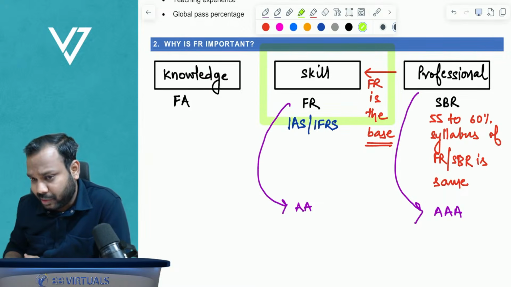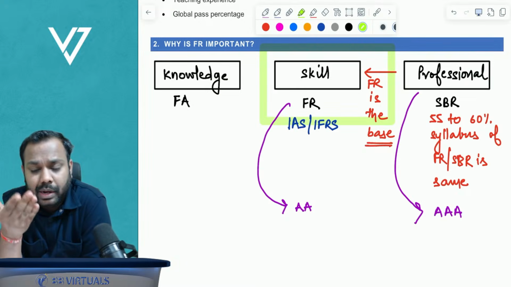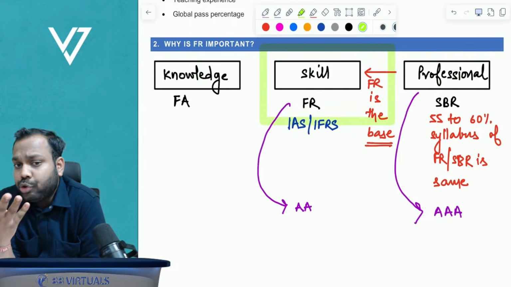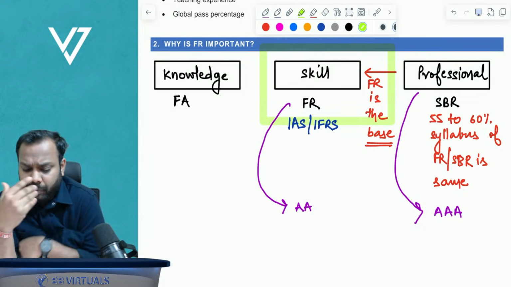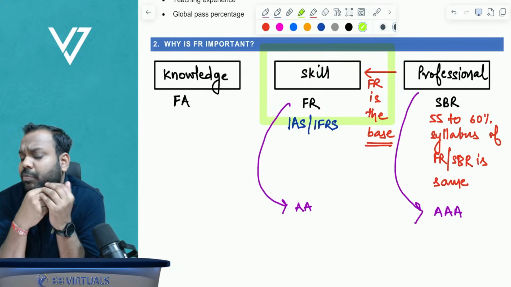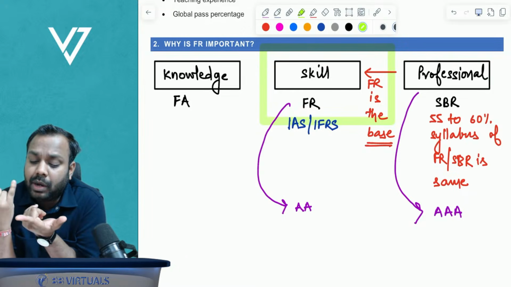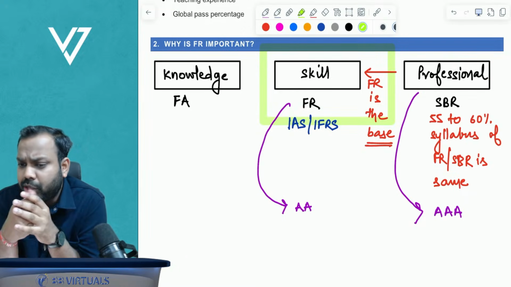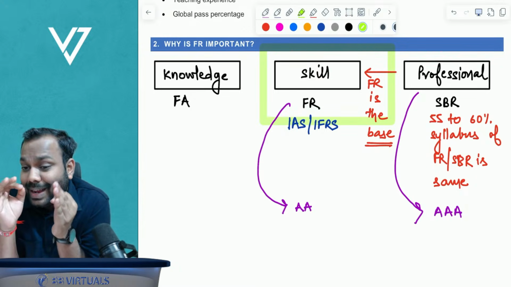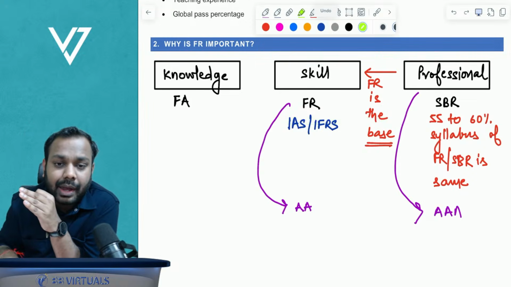Now, this is one reason. Let me tell you another reason. Suppose after clearing your skill level or after clearing your ACCA, you go for a job. Tell me, in the job interview, what questions will they ask? Irrespective of where you go, whether an accounts department or audit department, they will definitely ask questions from the FR paper.